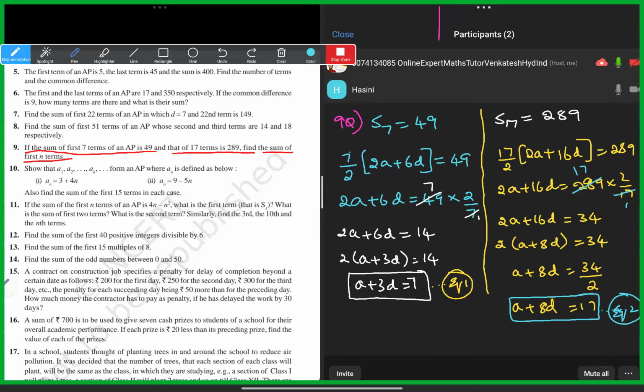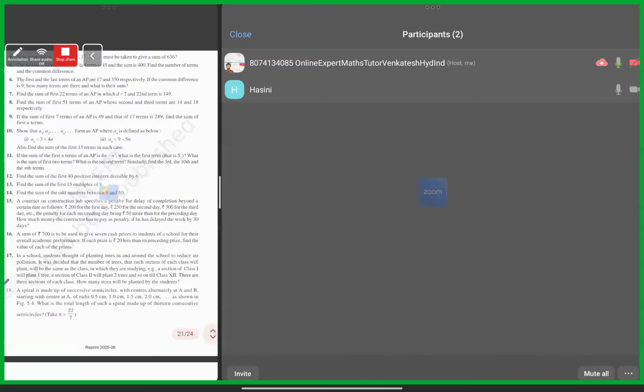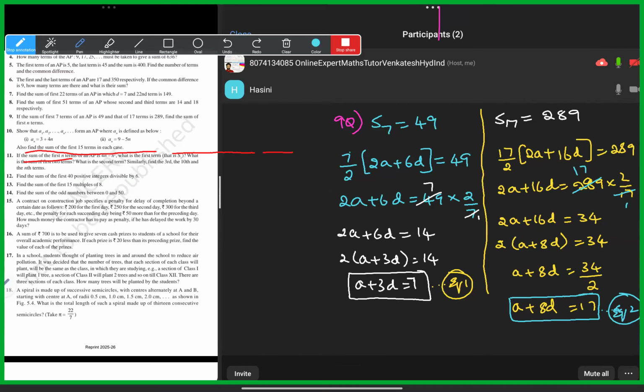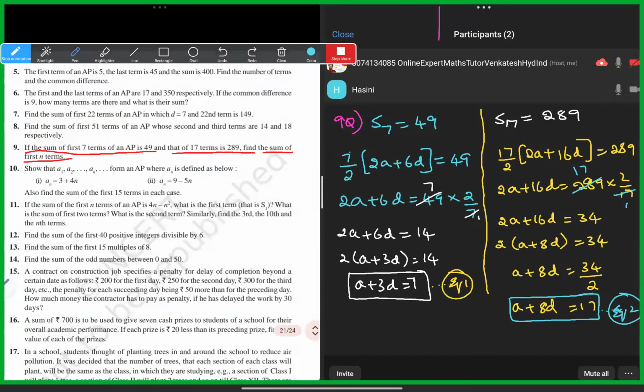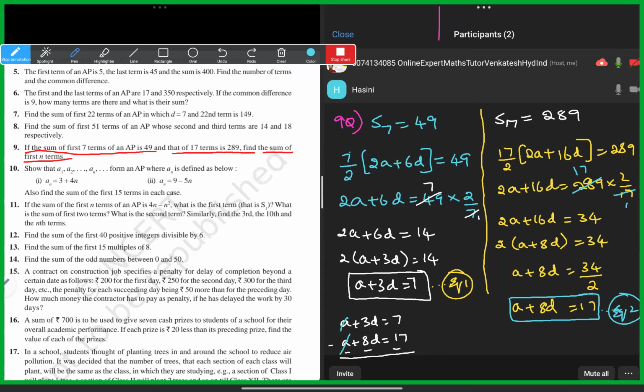Solving equation 1 with equation 2: a plus 3d is equal to 7, a plus 8d is equal to 17. Subtracting, a gets cut. 3d minus 8d is minus 5d, and 7 minus 17 is minus 10.